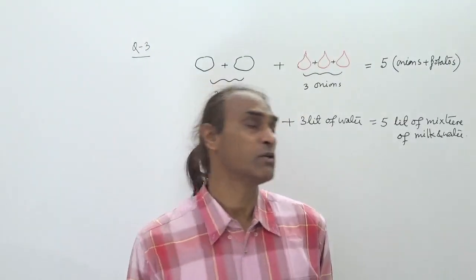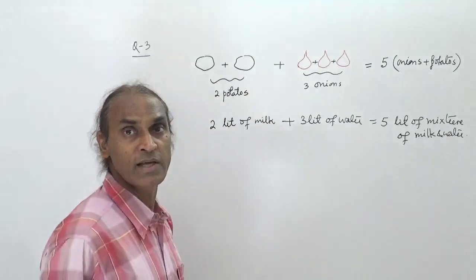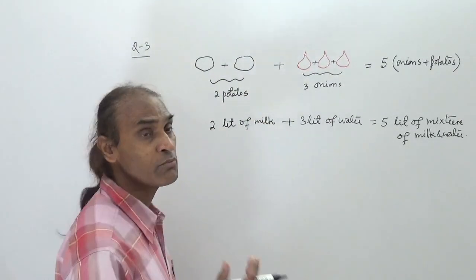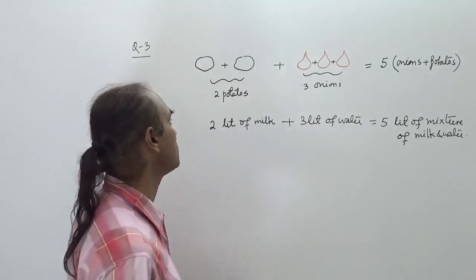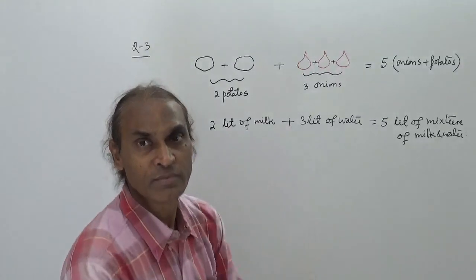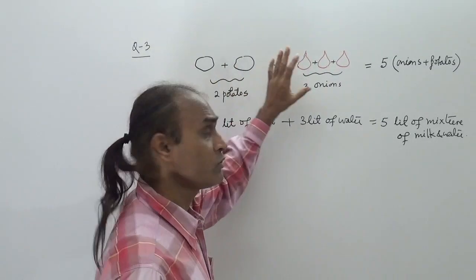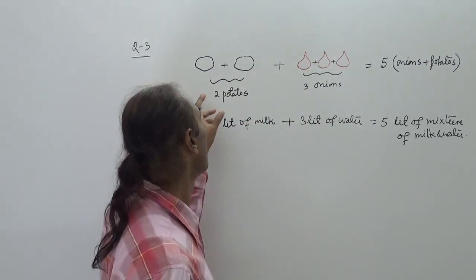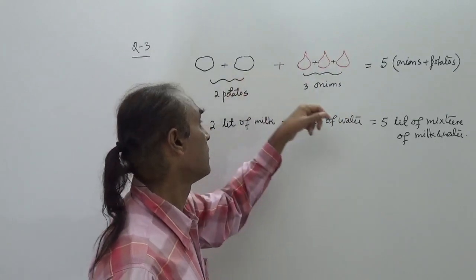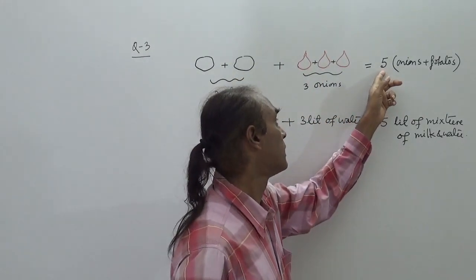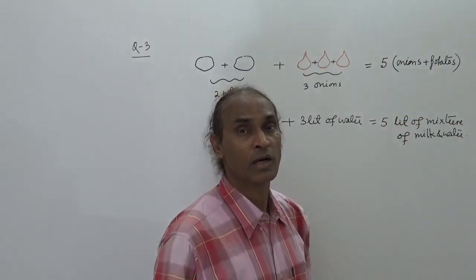Interestingly, the third question you have posed is regarding the addition of scalars and vectors, the basic question. You have taken 2 potatoes and 3 onions, you are adding, mixing them up, they don't lose their identities, and you are getting the total number of particles as 5, a mixture of onions and potatoes.